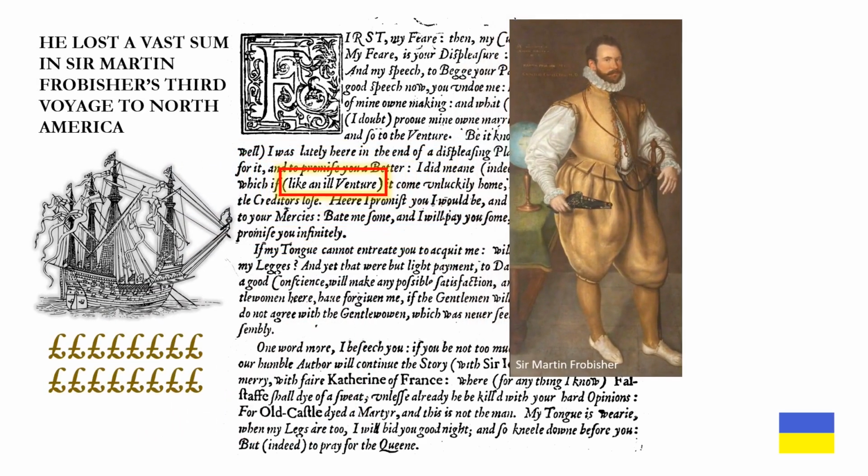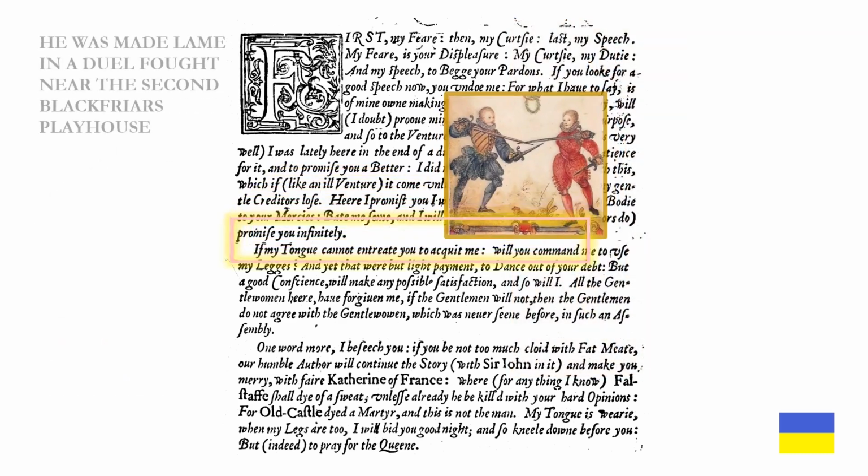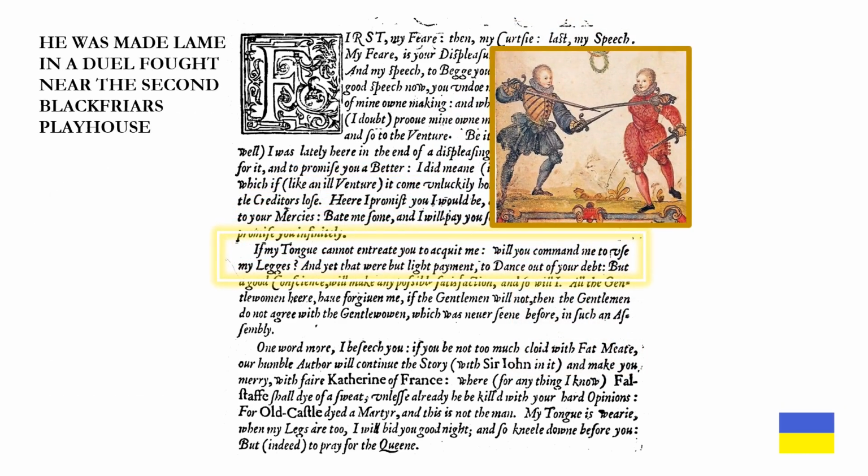He lost a vast sum in Sir Martin Frobisher's third voyage to North America, which was very much an ill venture. Everybody lost. He brought back tons of worthless pyrite, known as fool's gold. He was made lame in a duel fought near the Second Blackfriars Playhouse.